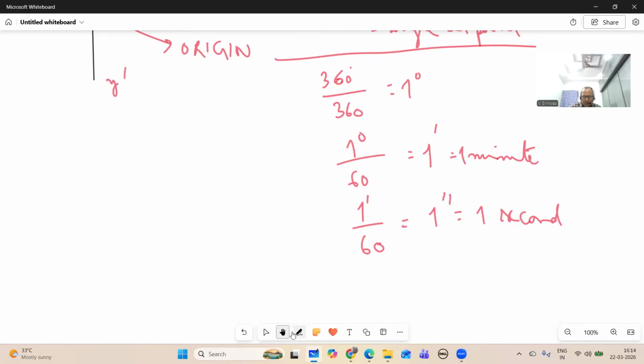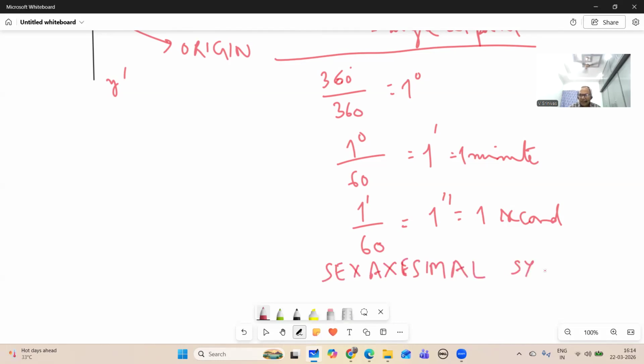That's how we subdivided degrees into minutes and minutes into seconds. And this way of subdivision is called the sexagesimal system, of measuring an angle. Okay, here we are measuring angles, and we define one complete angle to be 360 degrees.